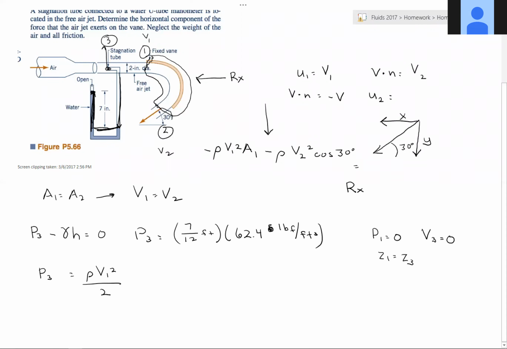And so now what can we get from that? From this, because we have P3 and rho, we can end up finding V1, and we know that V1 equals V2. And then we put this into this equation, and now we can solve for R sub x.